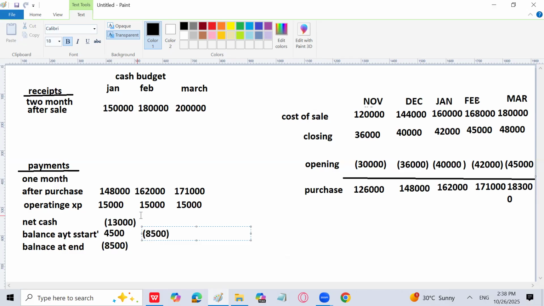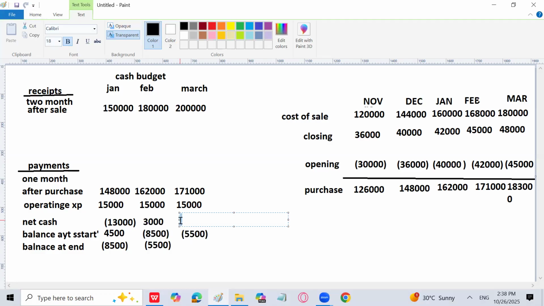8,500. Let's see the net cash for 1,80,000 minus 162,000 minus 15,000. The net cash is positive 3,000 and 8,500, that is negative. So 3,000 minus 8,500, we have negative 5,500. Overdraft has decreased to 5,500. Now for the next month, the same 5,500 will become the balance at the start with an overdraft of 5,500.